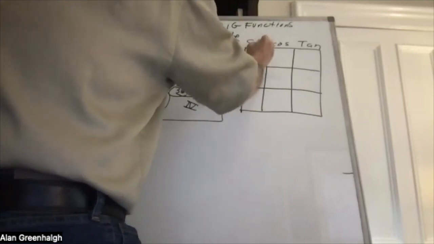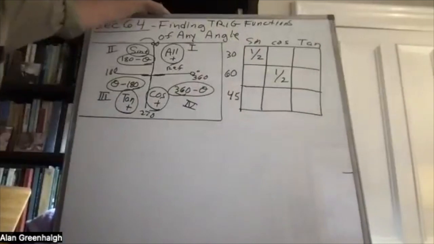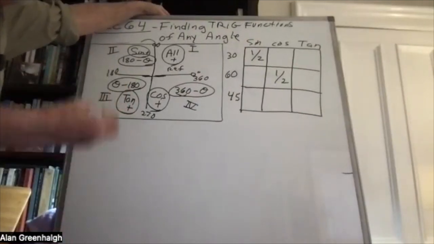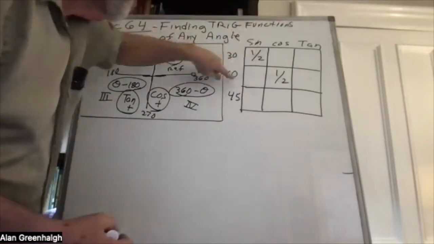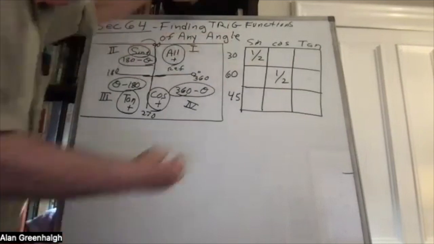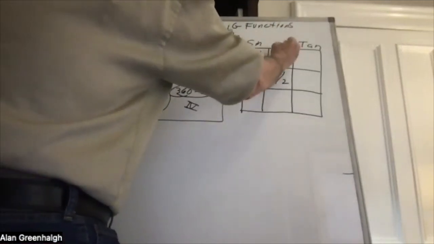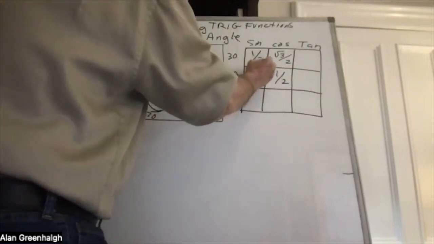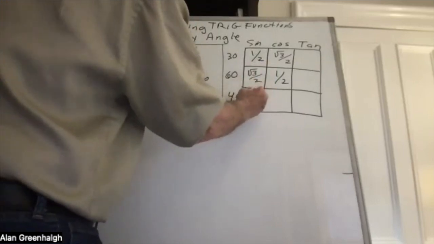The sine of 30, remember, the cosine of 60. I'm not doing it simply the way I remember it, but this is how you should remember it. The sine of 30 and the cosine of 60 are 1/2. The cosine of 30 is the square root of 3 over 2, and the sine of 60 is the square root of 3 over 2. And these will both be the square root of 2 over 2.